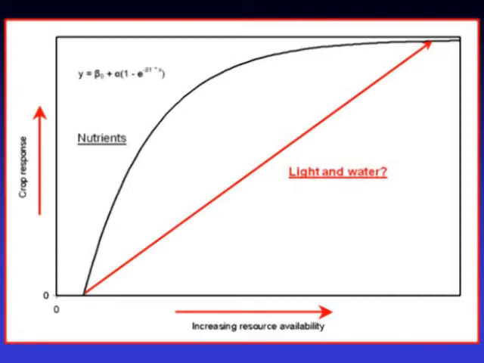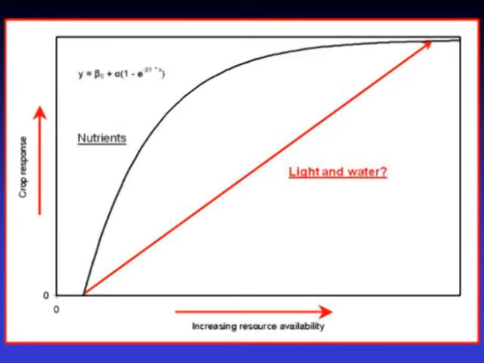This would look very typical if you're looking at a corn response to nitrogen fertilization. You see this response where you have very low levels of nitrogen fertilizer. You add 1 unit of nitrogen fertilizer, you get a big jump in yield. And then for each unit of additional nitrogen that you apply, you get less and less response until you've reached some sort of plateau where you get no further response.